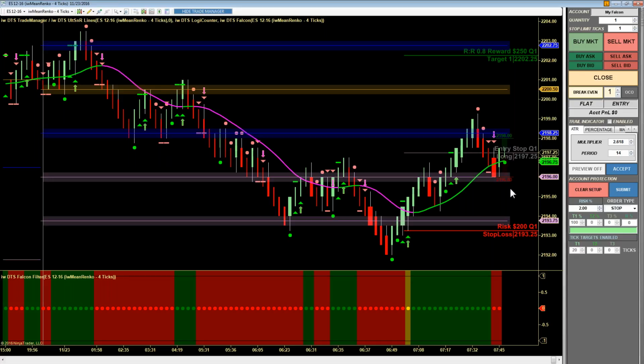Once that bounce confirms, that would be a good spot to roll your stop. You see how we haven't printed a signal above the primary support yet? That means that primary support essentially is still intact, although I do suspect it's going to yield.